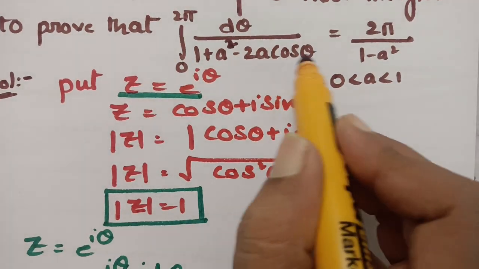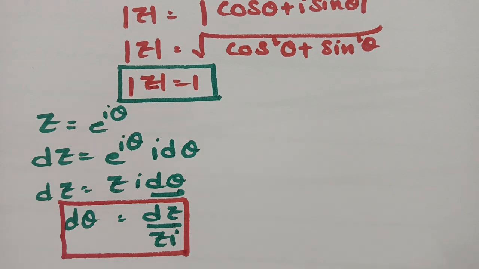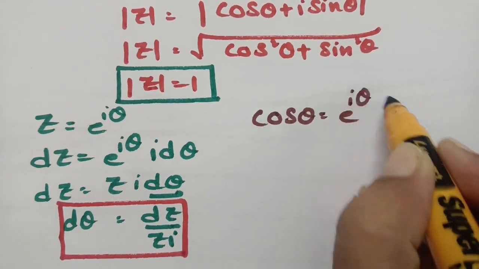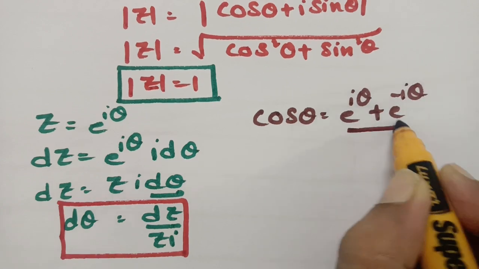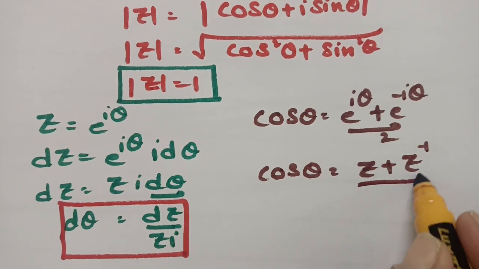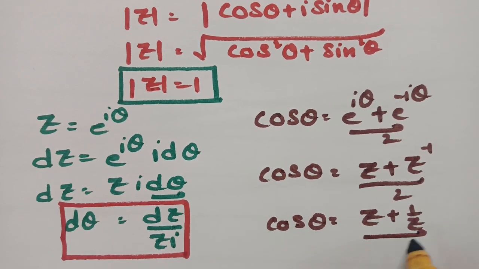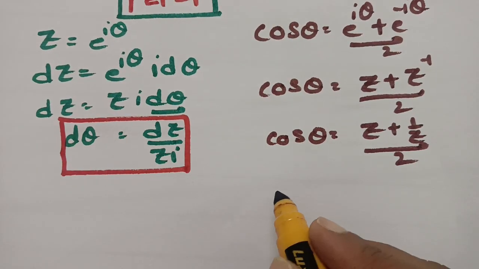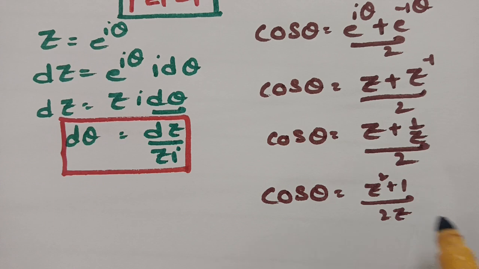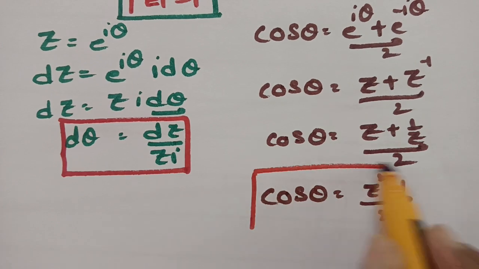And next thing, we need the cos θ value. For getting cos θ, cos θ can be written as (e^(iθ) plus e^(-iθ)) by 2. So cos θ is equal to (z plus z inverse) by 2. Therefore, cos θ is equal to (z plus 1 by z) by 2, so cos θ is equal to (z² plus 1) by 2z.